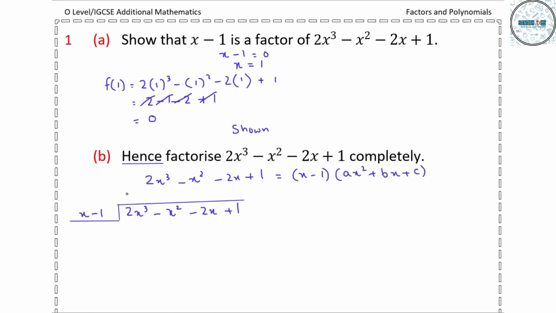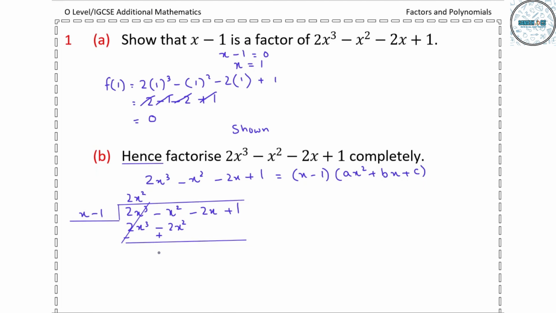If we multiply x by 2x squared, we will get 2x cubed. So we can write here 2x cubed, minus 1 multiplied by 2x squared is minus 2x squared. We can change the signs as we have to subtract. So 2x cubed minus 2x cubed will be 0.